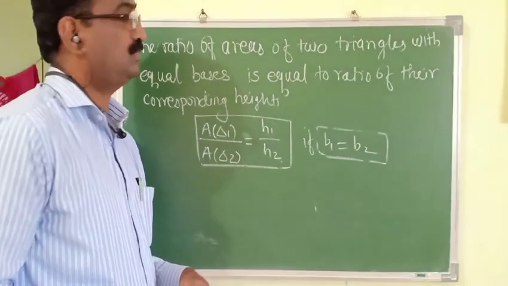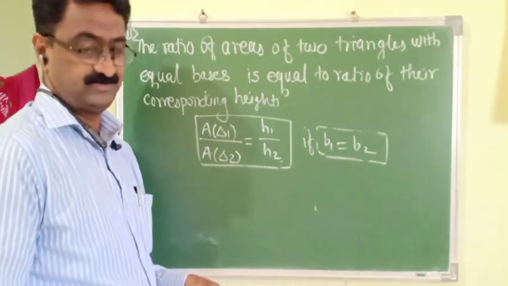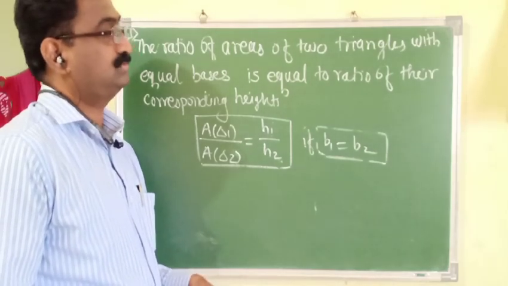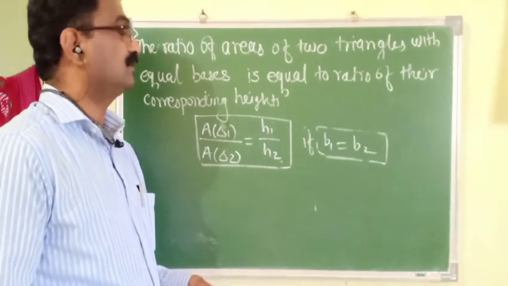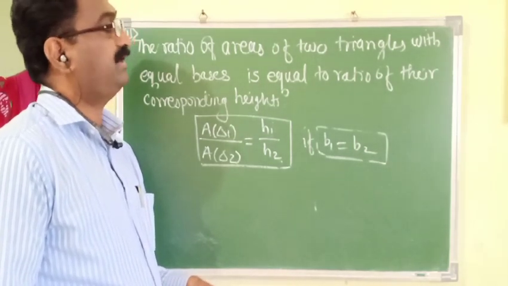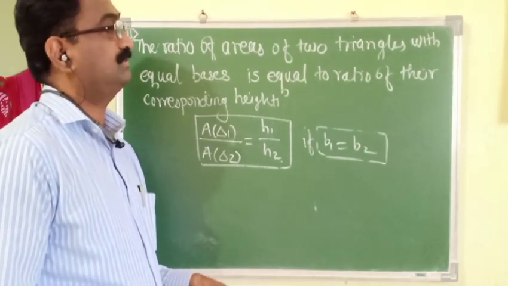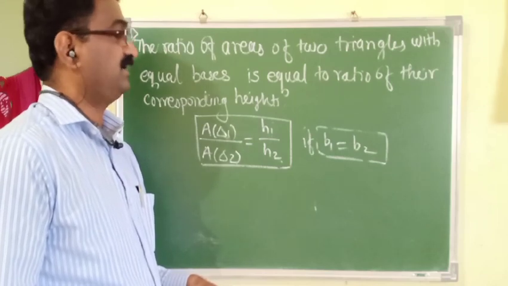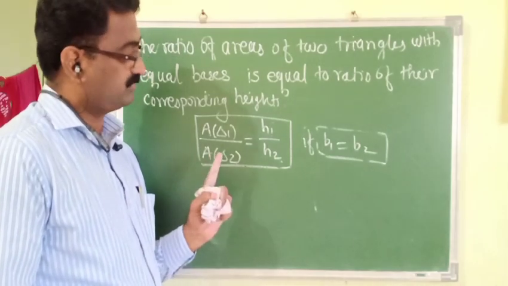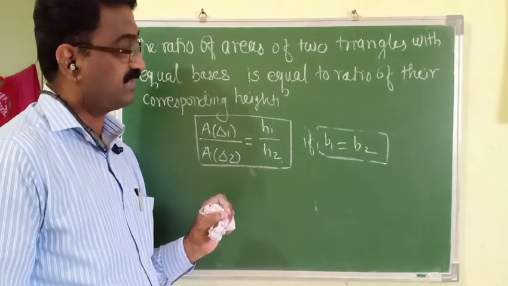That means area of triangle 1 upon area of triangle 2 is equal to h1 upon h2 if b1 is equal to b2. That means their bases are same.